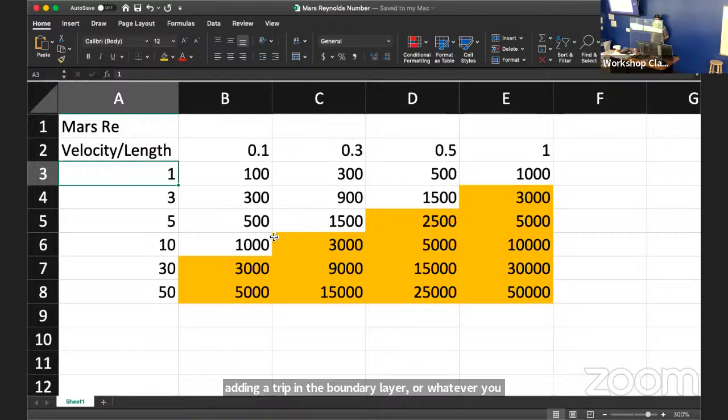So if you've got cobbles or whatever sitting on rocks 10 centimeters high, littered across the surface, that says you've got to get pretty high winds to get fully turbulent flow.